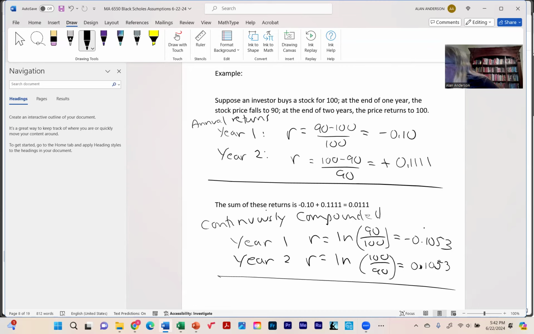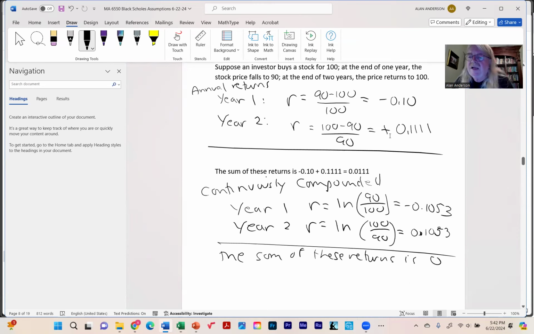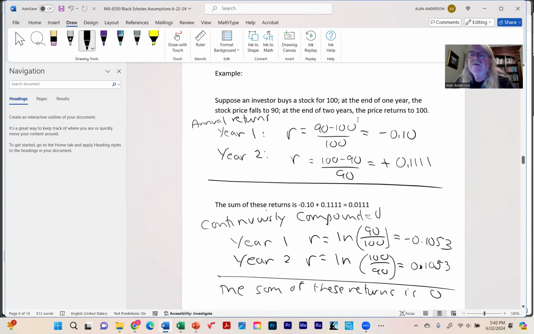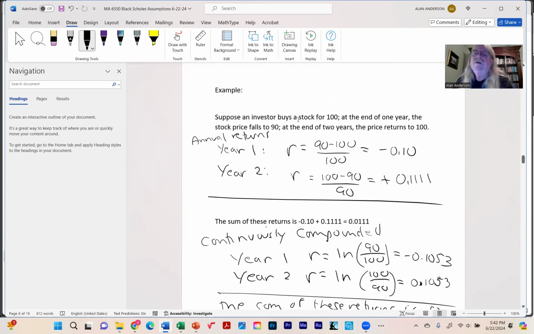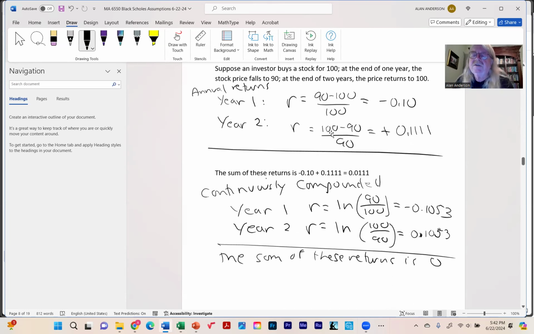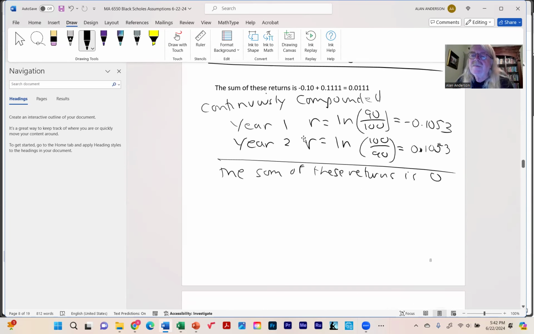And the total is 0, which is what it should be. So with the discretely compounded rates, there can be a bias when you calculate long-term returns. With continuous compounding, that doesn't happen. So with discrete returns, you can have a bias built into the calculation of long-term rates of return, whereas with the continuously compounded returns, you don't run into this.